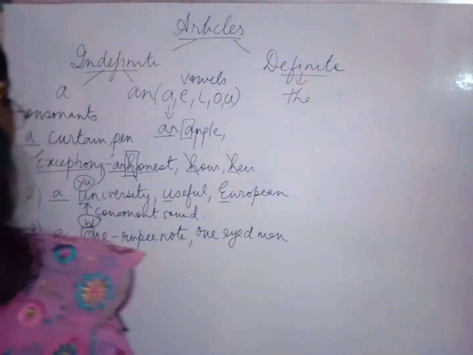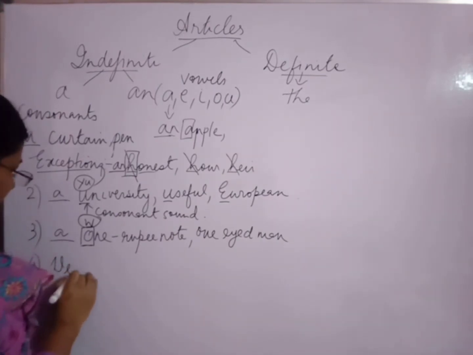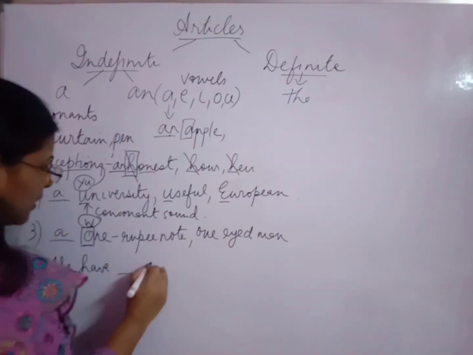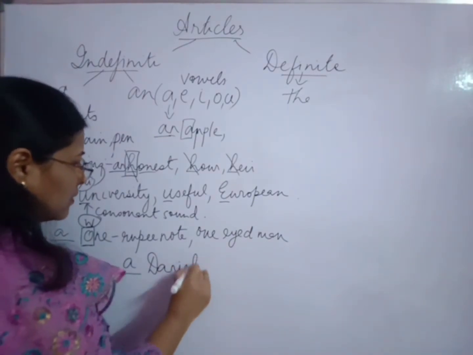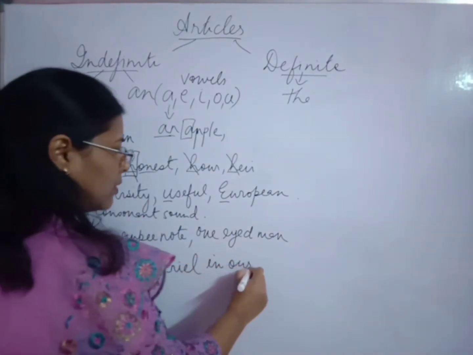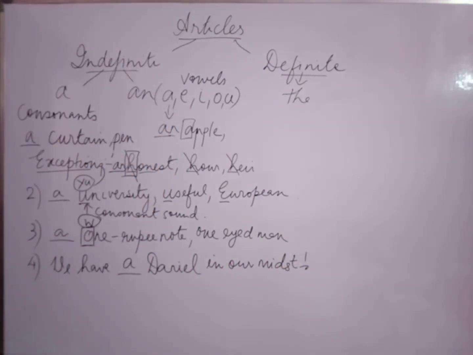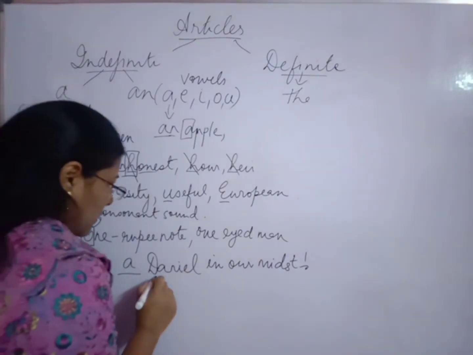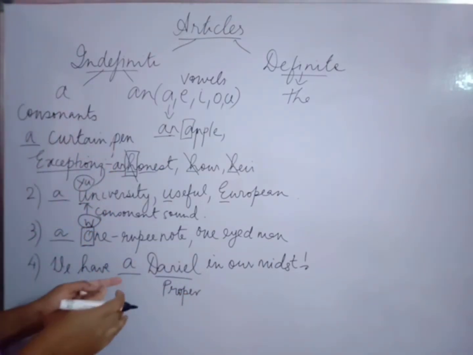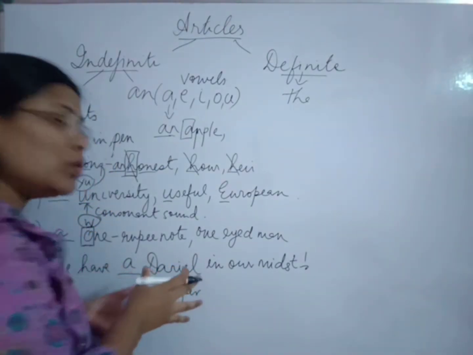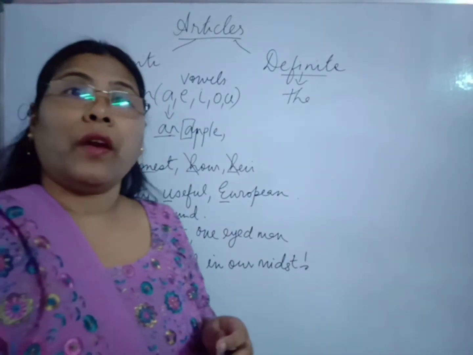Now another exception, we have a Daniel in our midst. Daniel is a proper noun, but here it is used as a common noun. Daniel is a person known to be a very wise man.